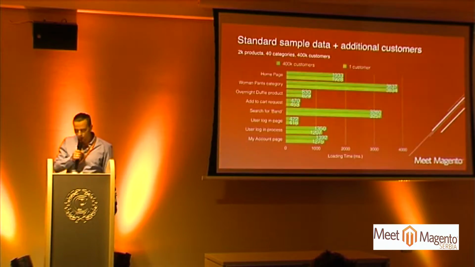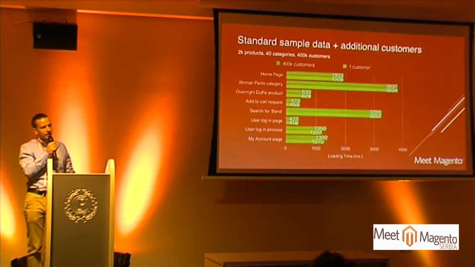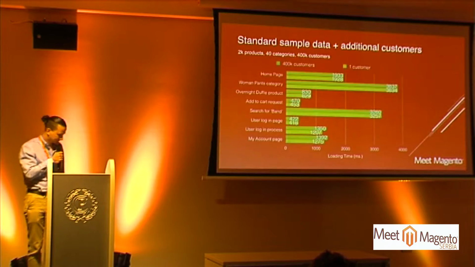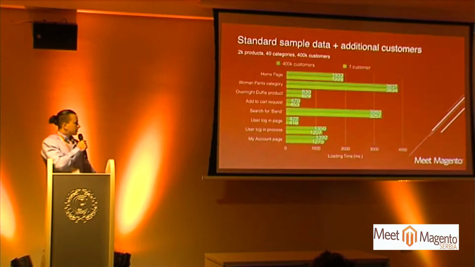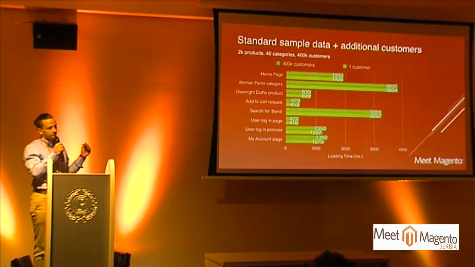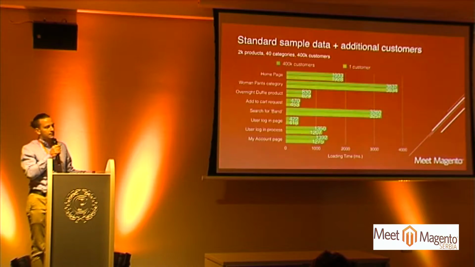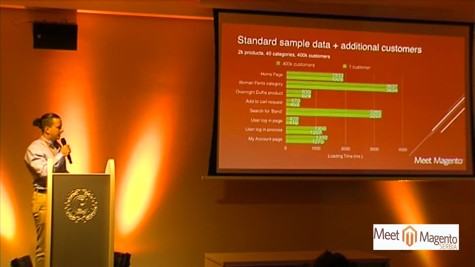And I know many people who believe in the following axiom: the bigger database you have, the slower performance you get. Actually, it's not always true. Let's imagine that we have two flat tables indexed by integer primary keys, and in one of these tables we have 10 records, and in the other one we have 10 million records.